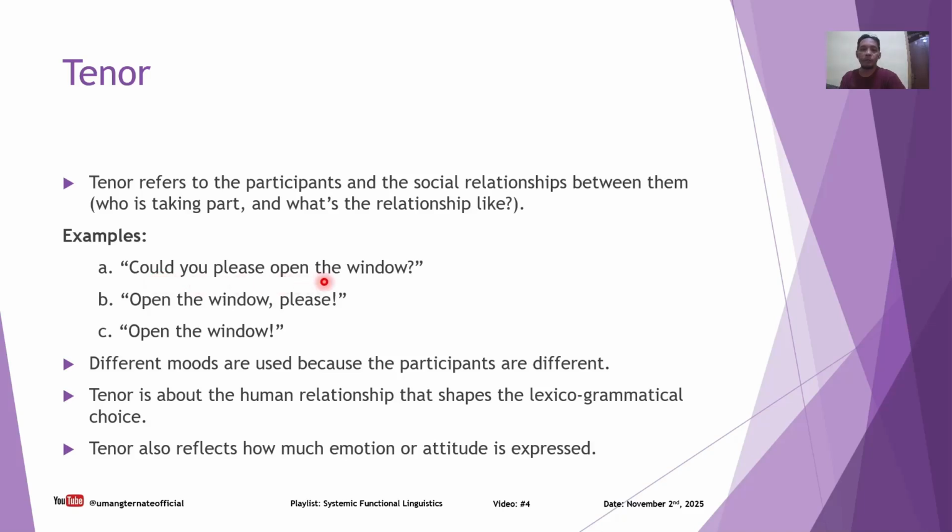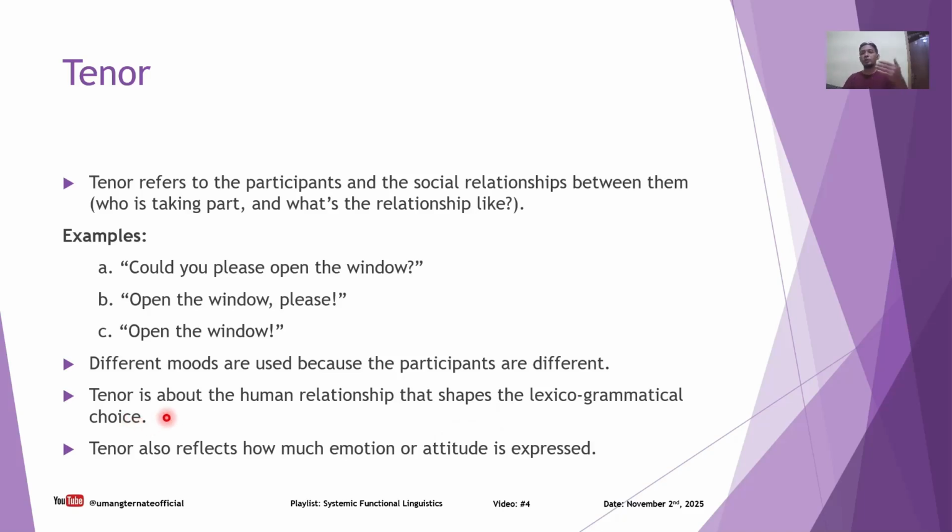Could you please open the window? This is a polite expression of interpersonal meaning, demanding someone to do something, and usually it's because either the participants are not familiar with each other or they have different status. They have unequal status. There is a power distance, social power. So, tenor is about the human relationship that shapes the lexicogrammatical choices.